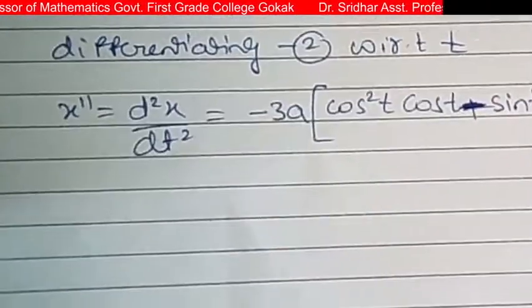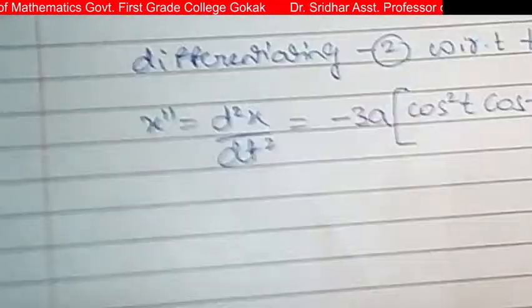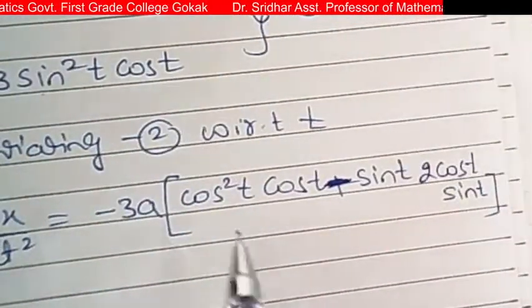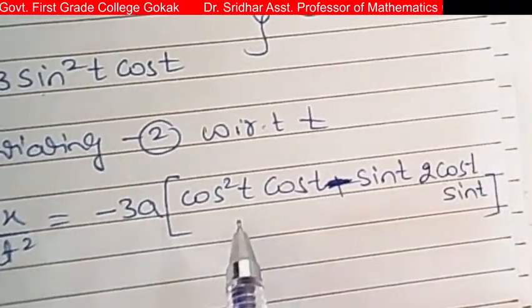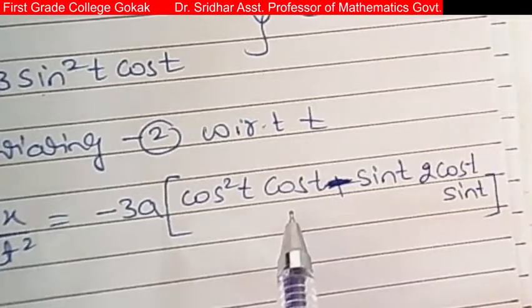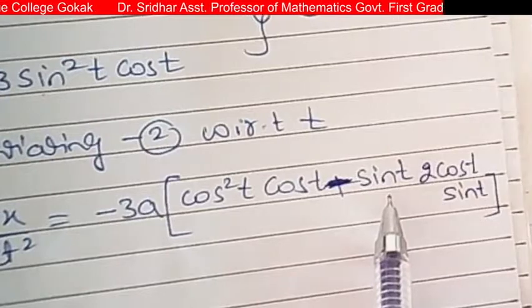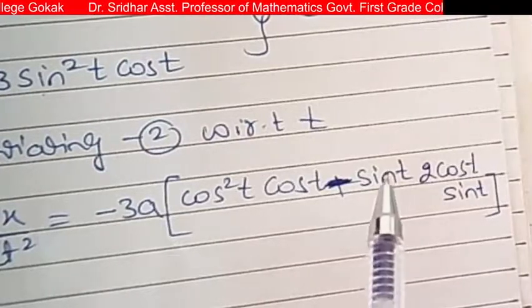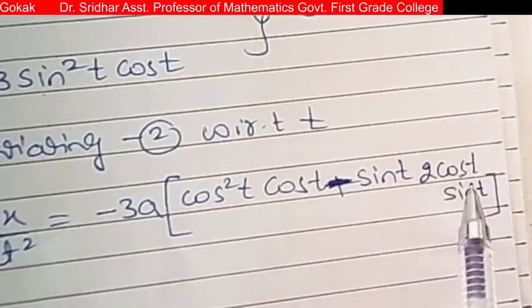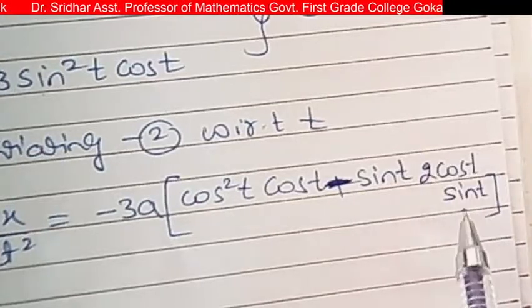So 3a into cos square t, differentiation of sin t is cos t, then plus second function as it is, sin t, into differentiation of cos square t, which is 2 cos t into differentiation of cos t, minus sin t.